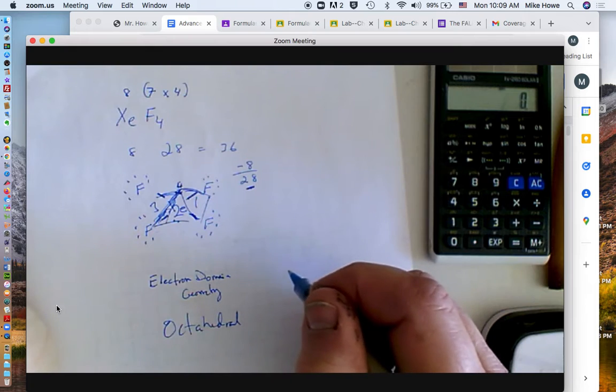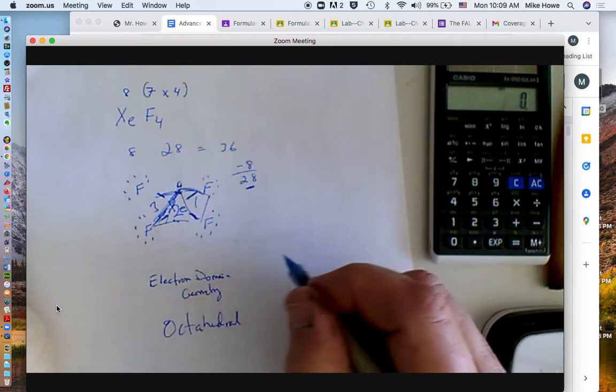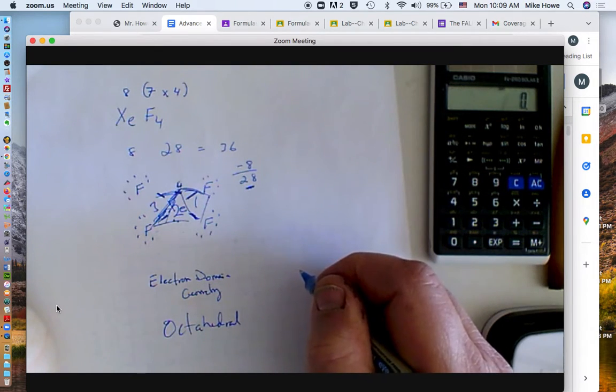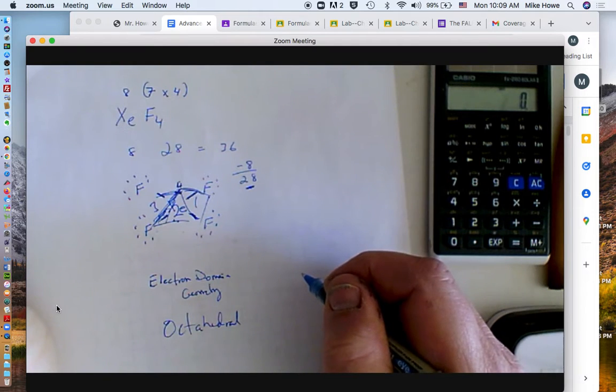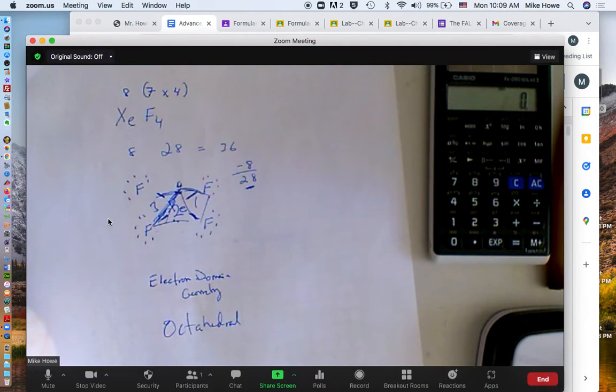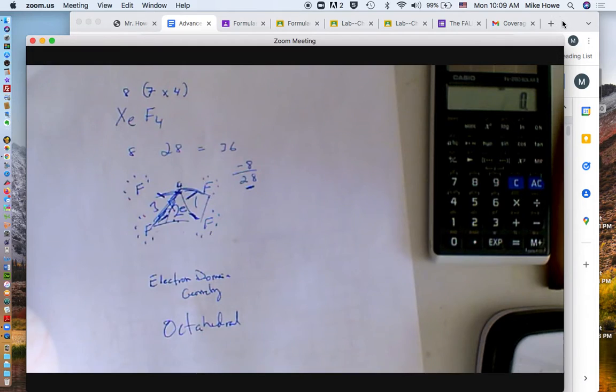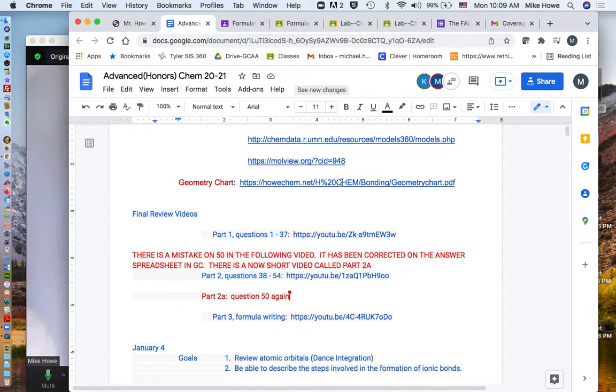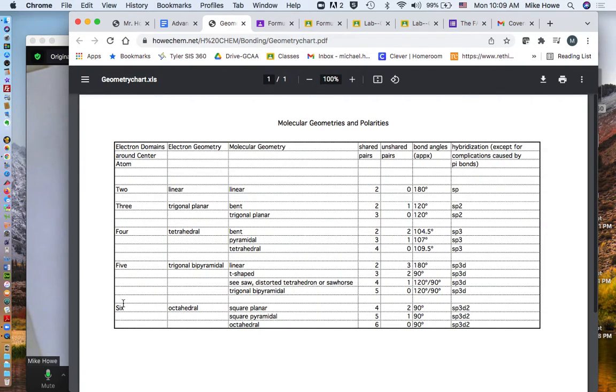But the electron geometry is octahedral, but the molecular geometry, on a little sheet that I gave you describing the dot diagram, I think I'll link that sheet right here, a little geometry chart. So you'll notice that we have 6 domains.